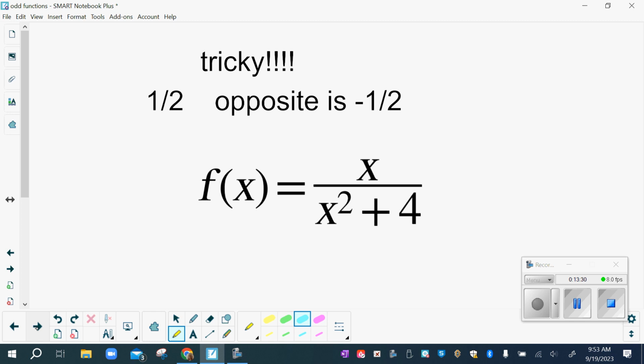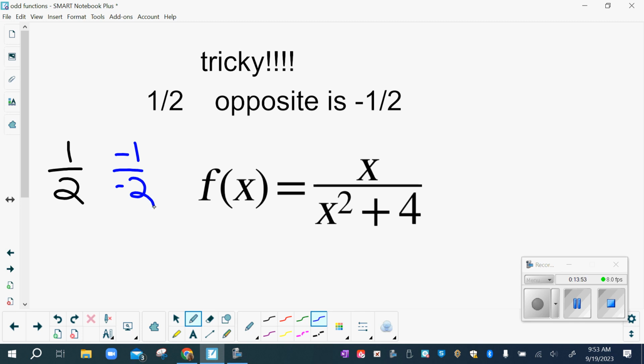We have a tendency to think that to make something opposite, we have to make its parts opposite. But watch this. I have the fraction 1/2, and I want to make it opposite, right? So this is what I would be tempted to do: -1 over -2. That would be the opposite of 1/2.